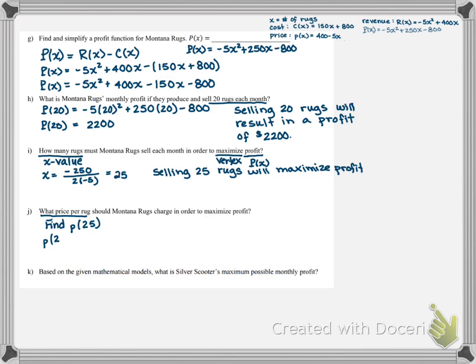So P of 25 equals 400 minus 5 times 25. So the price is going to be what? $275. Good.